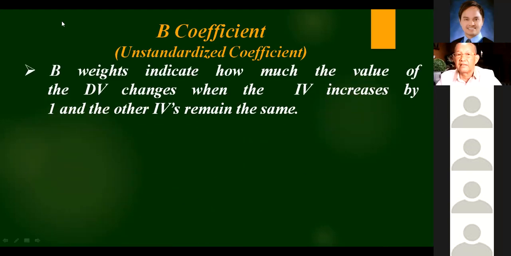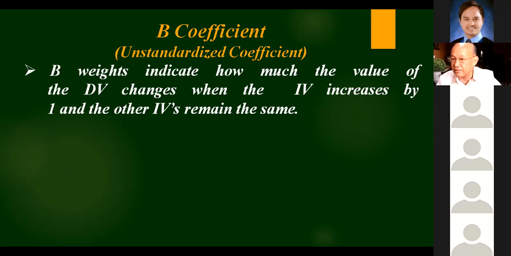First, the B weights or the B coefficient indicate how much the value of the dependent variable changes when the IV increases by 1 and the other IVs remain the same. Stating it differently, for every unit increase of 1 in the X variable, what happens to Y? That's what you would like to find out. That's what B coefficients will tell you. For every 1 unit decrease in X, what happens to Y?